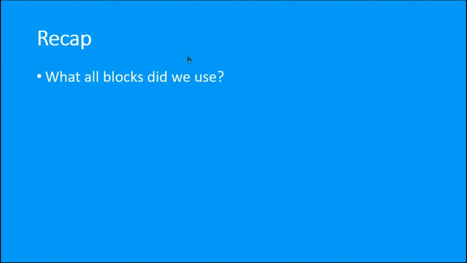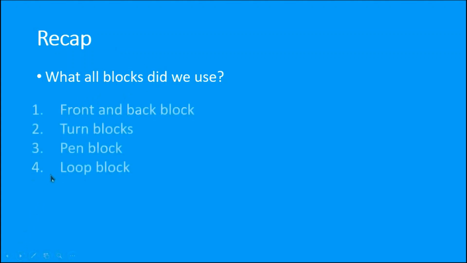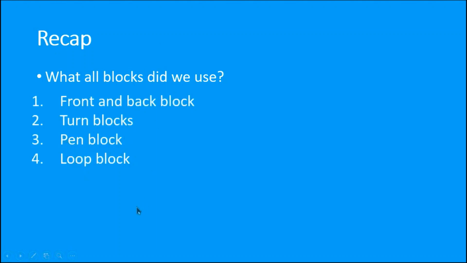No problem if you didn't remember. In the recap, I'll show it to you. Yesterday we learned the front and back block, the turning blocks, the pen block, and the loop block. Using all of these blocks, we made a rectangle.